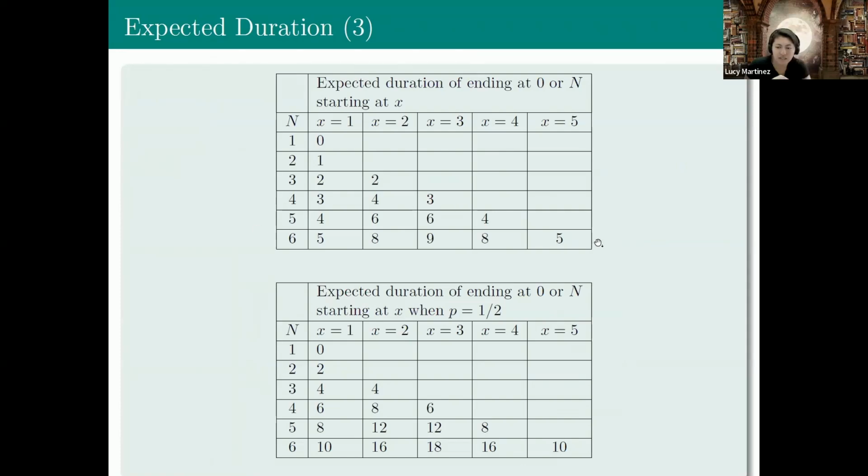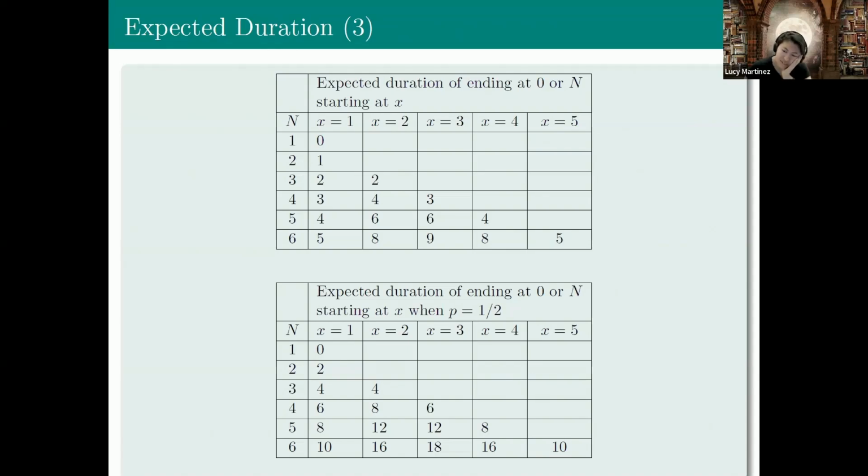And the bottom one is the mirror step variant that I've been talking about for the past few minutes, where we also vary n between 1 and 6, but with p equal to 1/2, p being the probability of the mirror step. So this example was not too bad, because we can see that the values on the bottom table are just multiples of 2 of the table on the top.